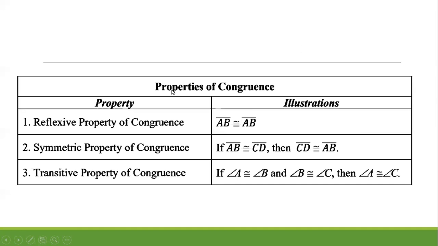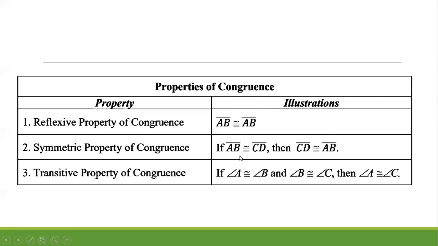Next, we have the properties of congruence. First is the reflexive property of congruence. Segment AB is congruent to segment AB. What is the difference between the properties of equality and properties of congruence? Ang ginagamit po nating sign sa property of equality is equal sign. Pagdating sa properties of congruence, ang ginagamit po natin ay congruent sign. Okay, next, we have the symmetric property of congruence.